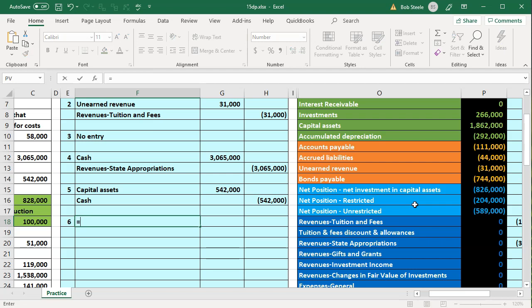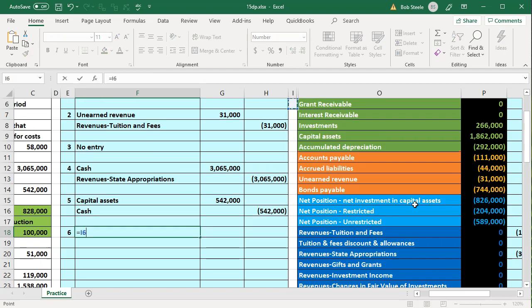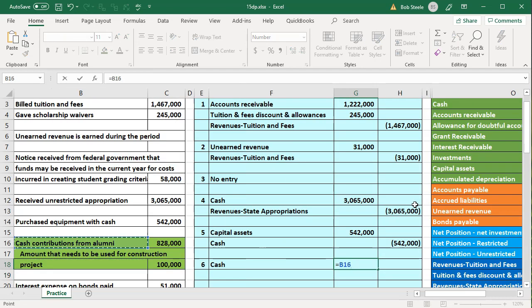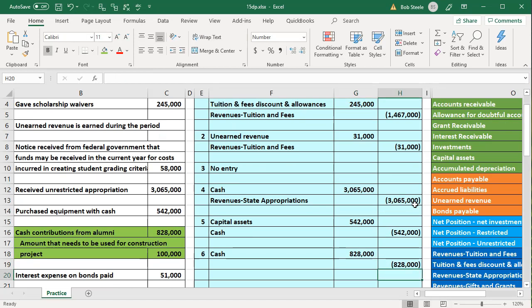We're going to say that the cash will be increasing. Cash is going to be increasing. And so cash is cash. That's nice. It doesn't do anything funny for us. And that's going to be for the $828,000. That's going to be the same for the debit and the credit. And then we're going to go to the revenue and gifts and grants. So we're going to have the revenue side of things.